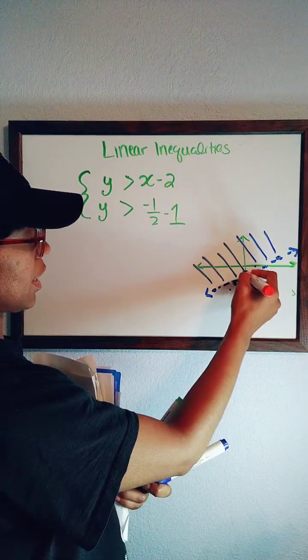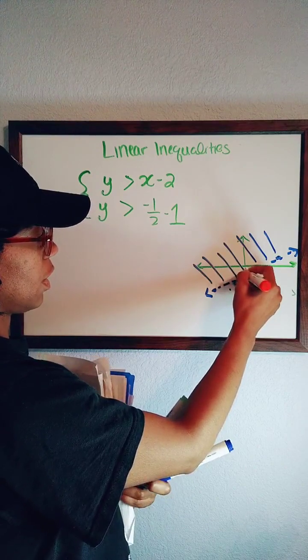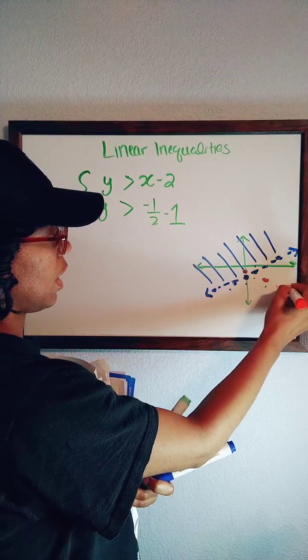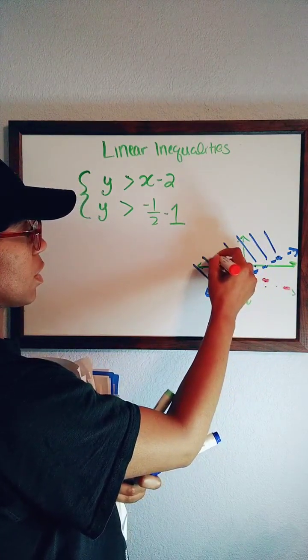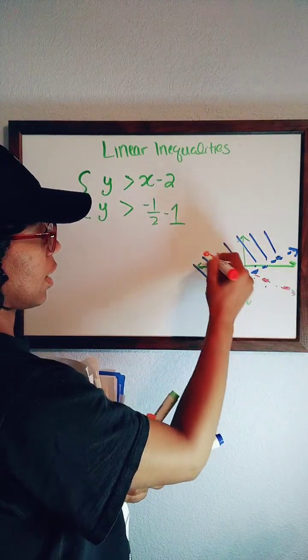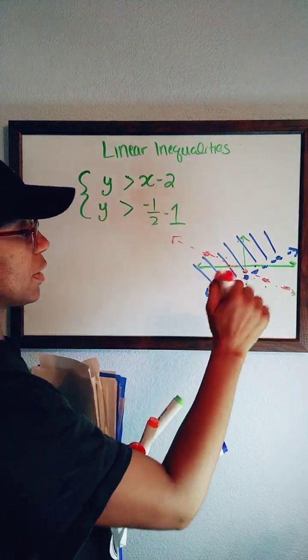And I'm going to go down 1 to the right 2, down 1 to the right 2. But I'm also going to go up 1 to the right 2, up 1 to the right 2. And this is also going to be a dashed line. And this says to shade above.